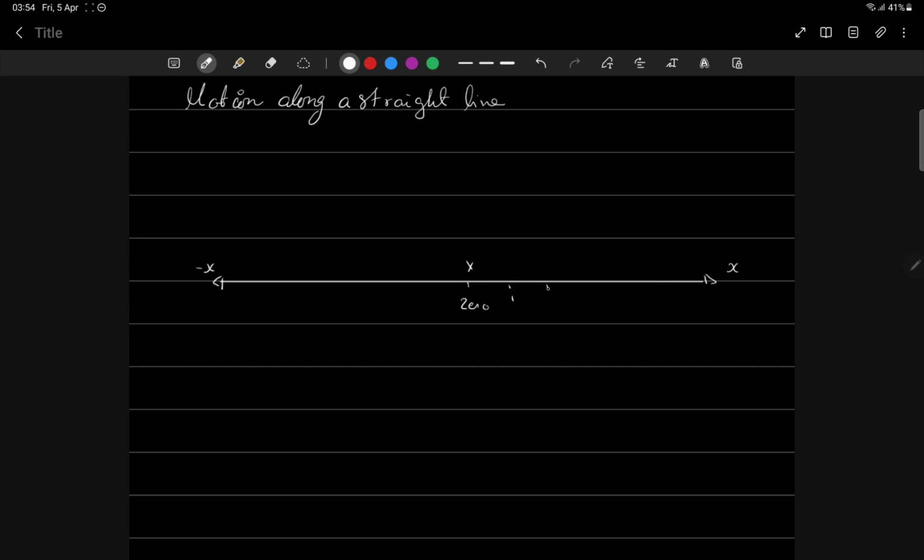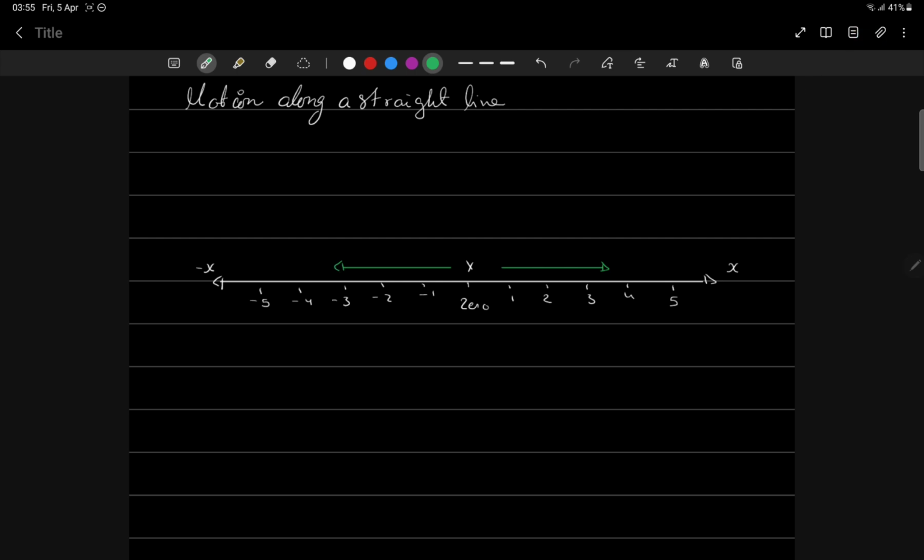So 1, 2, 3, 4, 5, negative 1, negative 2, negative 3, negative 4, and negative 5. So this particle, when it starts motion along this straight line, either goes right, or it goes left.